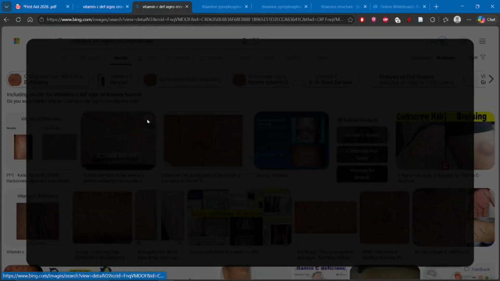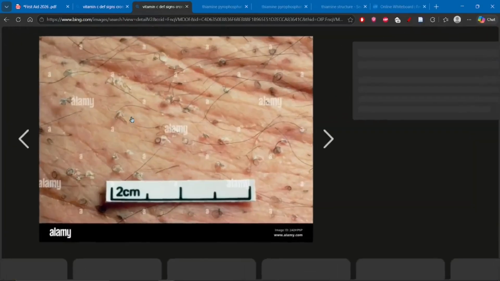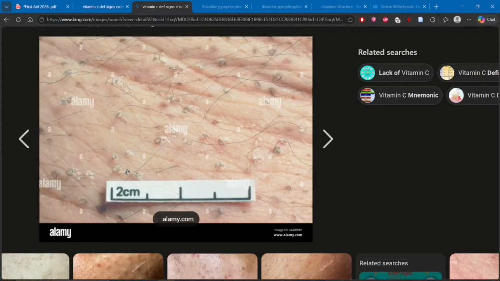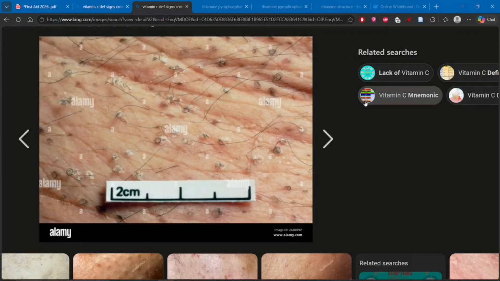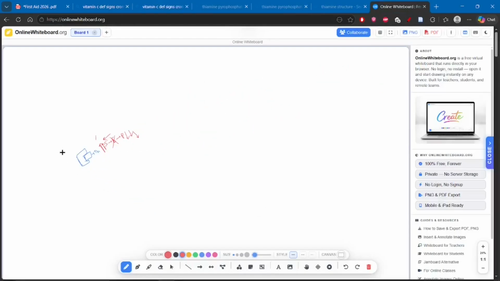You can see how they are in this screw shape, right? So they would be in this shape. In this one, they would be like this.